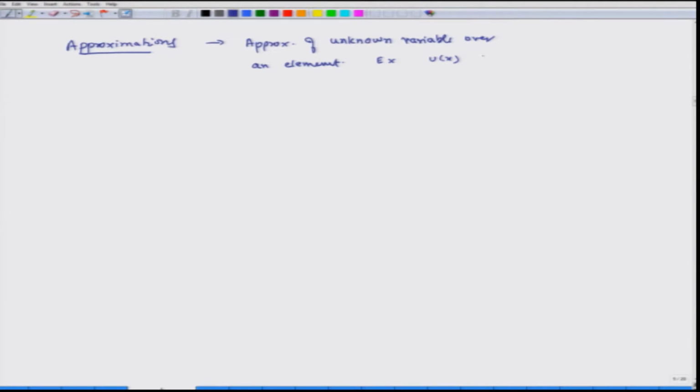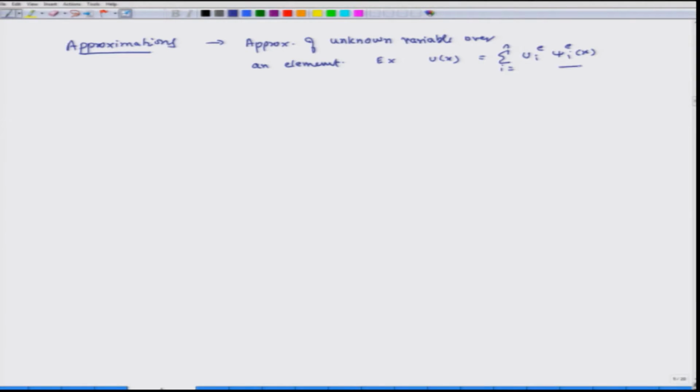So, we assume and we say that over an element it can be expressed as u superscript e equals summation of u_i psi_i(x), for the eth element, and i is equal to 1 to n. So, this is the approximation function.